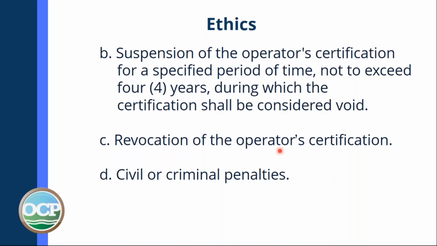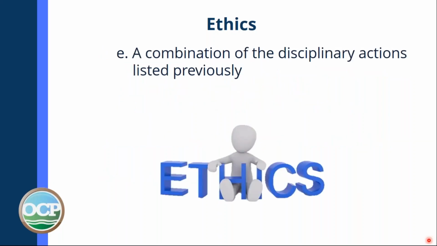If that happens, you cannot get a certification of that class in the Commonwealth of Kentucky again. Finally, there are civil or criminal penalties. Hopefully, whatever you do never gets there. And of course, a catch-all for any government regulation, a combination of all the actions listed previously.